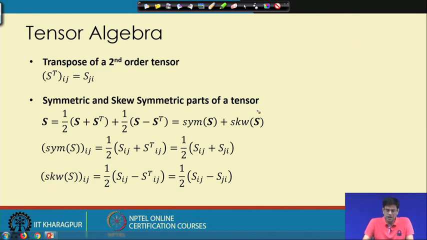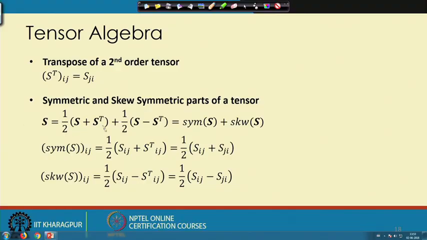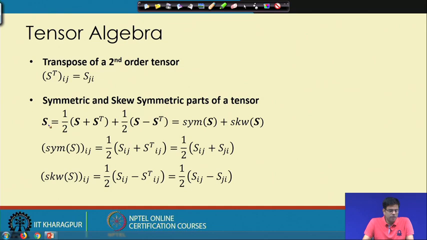As we discussed, any matrix can be written as a summation of a symmetric tensor and a skew symmetric tensor. If in this expression I add half of S transpose and deduct half of S transpose and rearrange it properly, this is the symmetric part of the tensor and this is the skew symmetric part. In indicial form it looks like this, as we have seen in the last class.